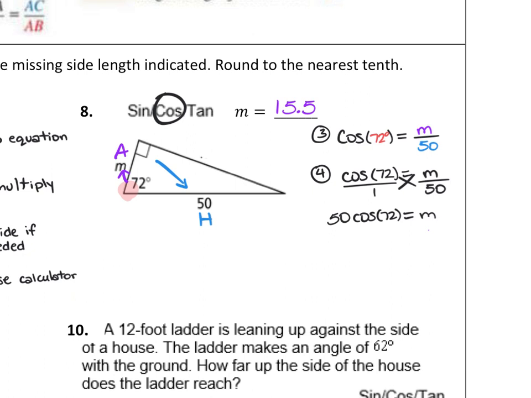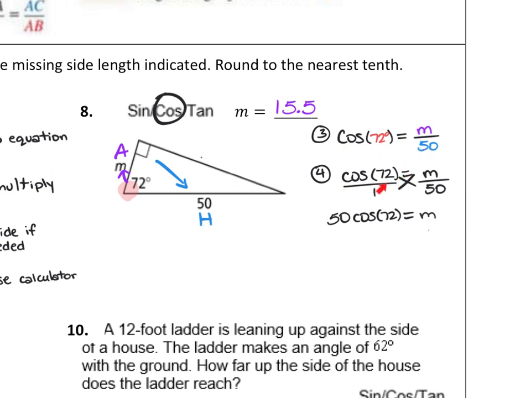For this one, we notice that we want to find this side length, m. Compared to the angle we know, we want to know the adjacent. We know the hypotenuse. That's cosine. So we set up our formula. Cosine of 72 degrees is equal to the adjacent over the hypotenuse.